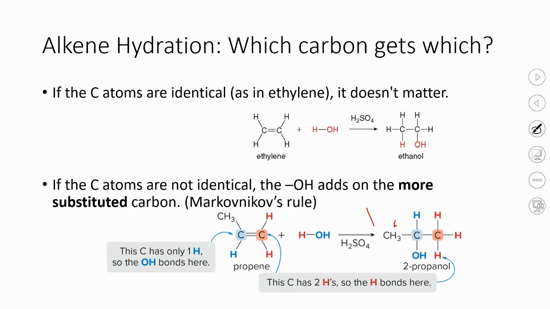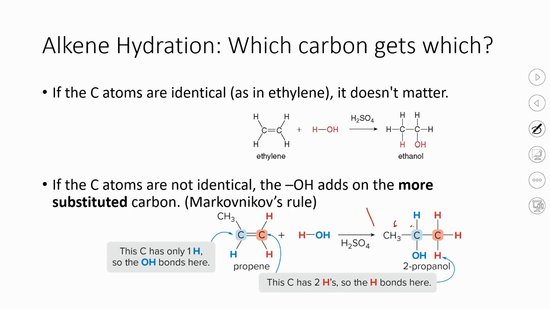The rule, which Markovnikov observed, is that the hydroxide, the OH group, is going to bond where there's a more substituted carbon. If it already has more groups, the OH group is going to go there. That has to do with the mechanism of how this works.